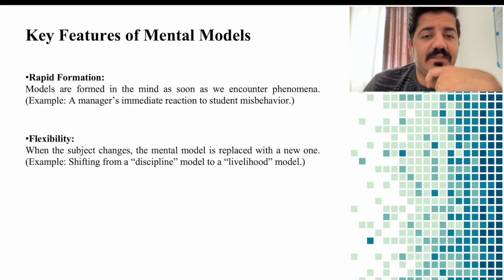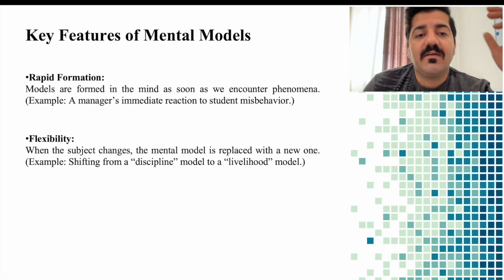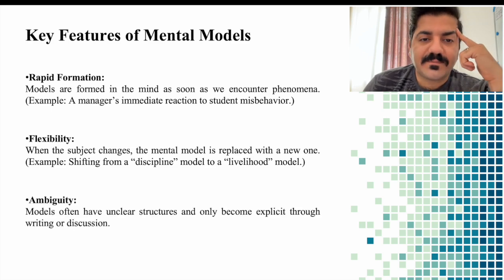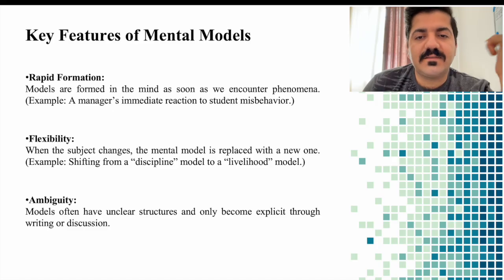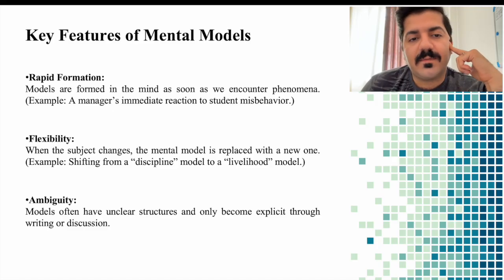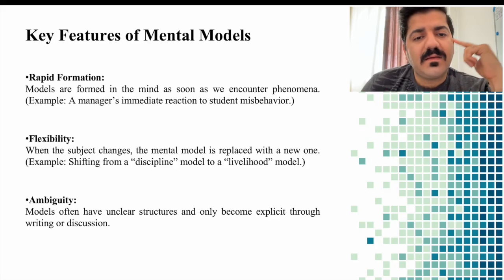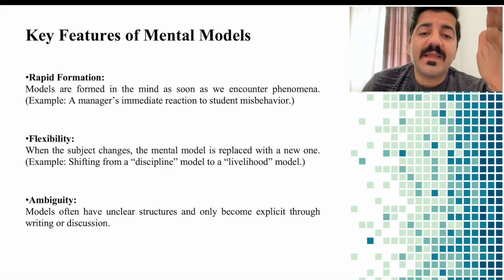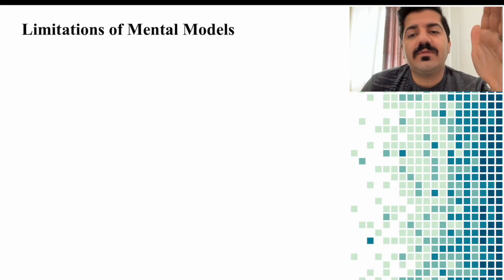For example, the teacher learns that the students are hungry and now thinks they need food, not punishment. And not always clear. Mental models are not always clear. The rules feel fuzzy until you talk or write about them. Mental models are your brain's quick rules that help you decide faster, but they can be wrong.